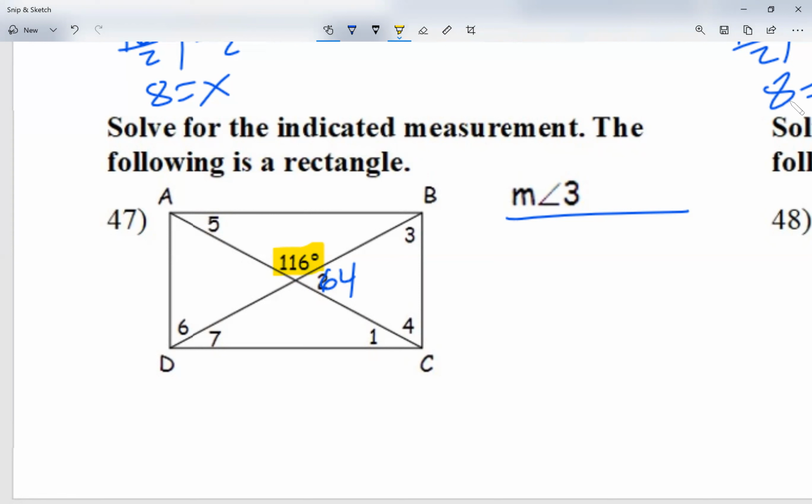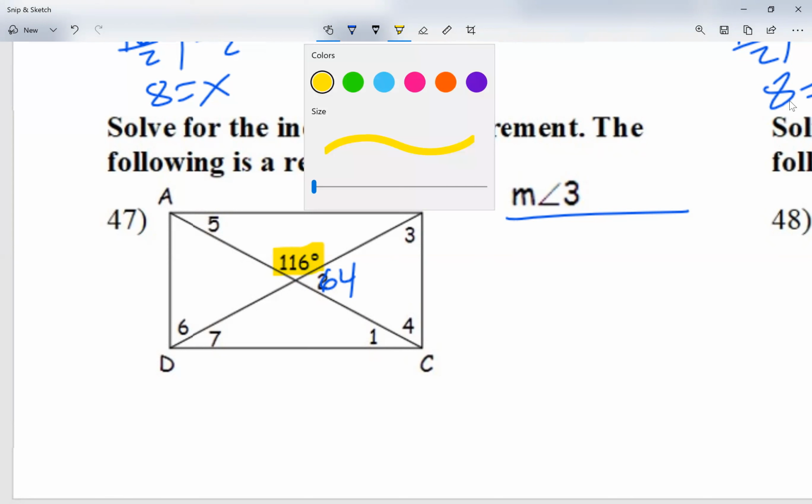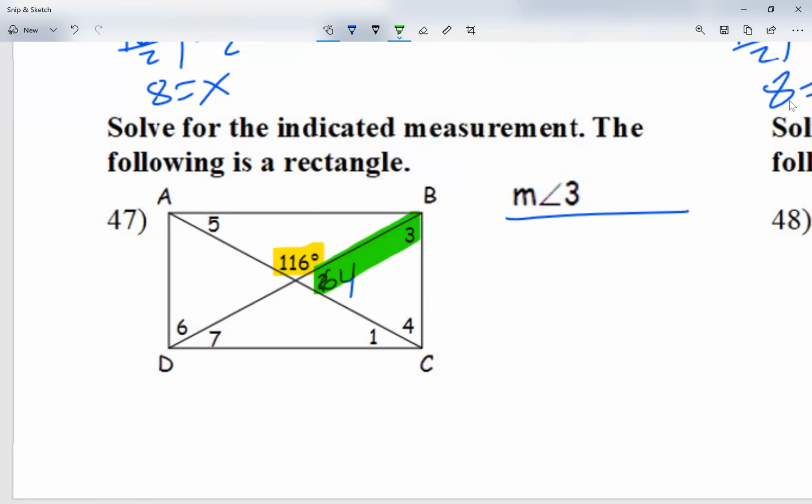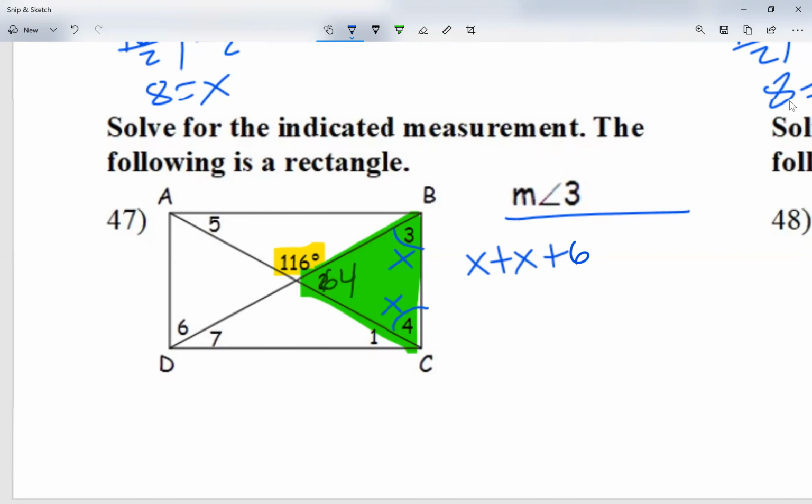Okay, now I'm going to look at this triangle. I'm solving for angle 3. But let me call angle 3 x because I don't know how big it is. That's what I'm solving. The interesting part is because it's a rectangle, I know angle 4 is also x. Angle 3 and angle 4 are equal. All right, so I'm going to solve for x. I'm just going to go x plus x plus 64 is equal to 180.